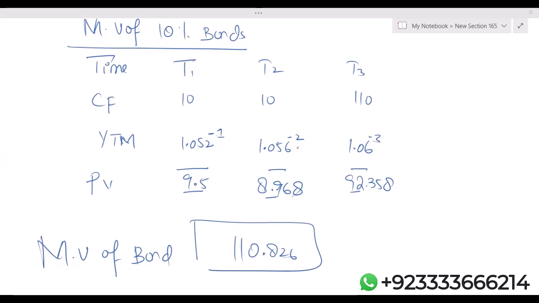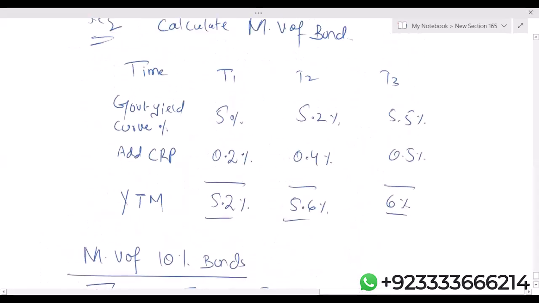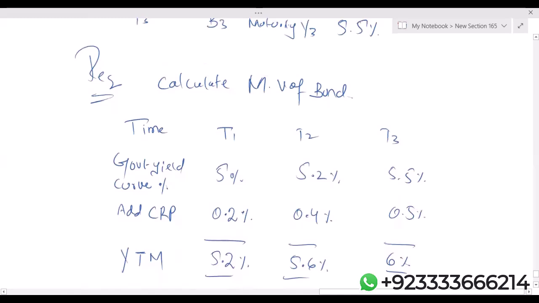Now, the question gets more interesting when your examiner changes it. Instead of asking you to calculate the market value of debt, the examiner asks you to calculate government yield curve percentages.